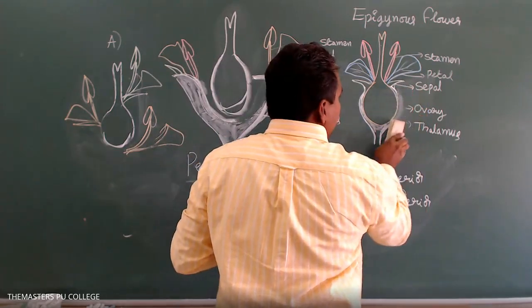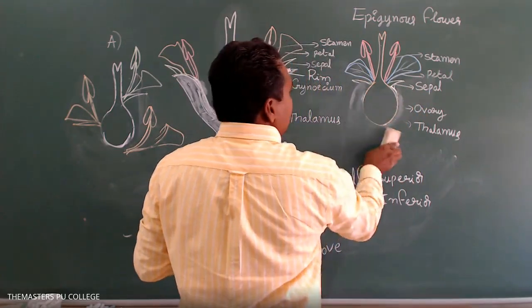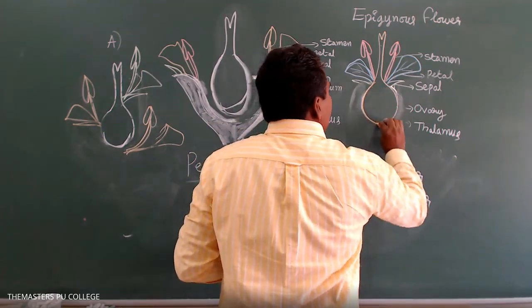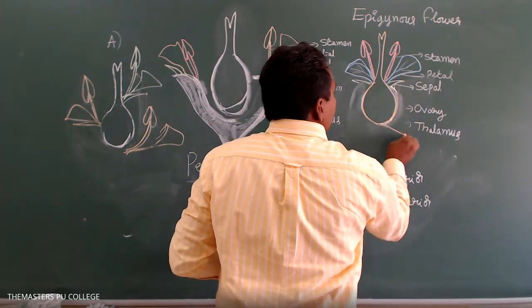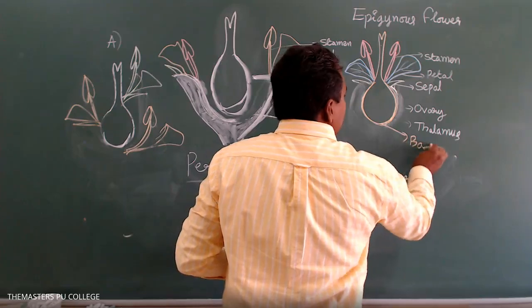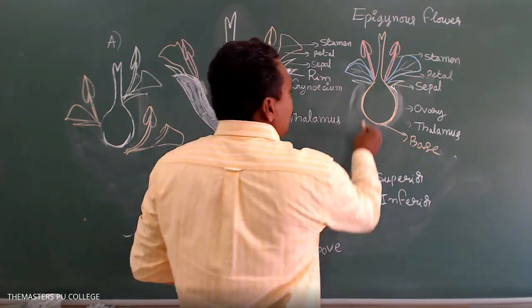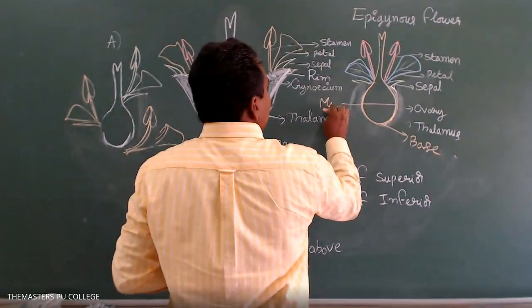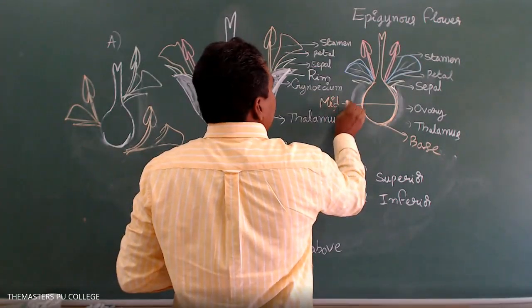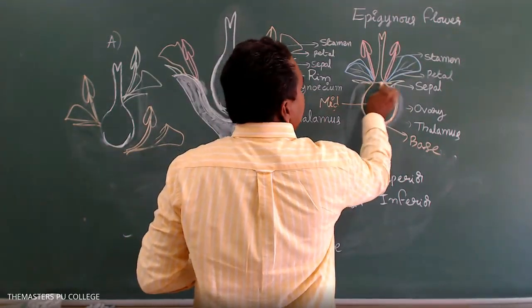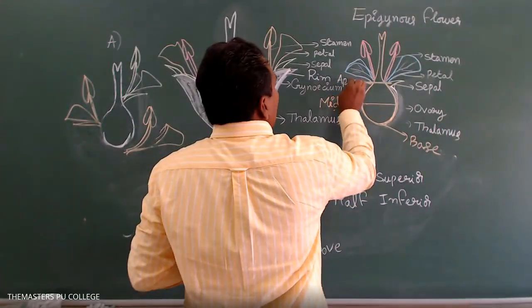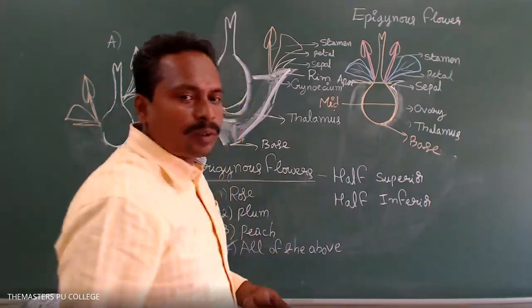Look here in this diagrammatic representation. This is the base of the ovary, and this part is the middle of the ovary, the lateral side, and this is the apex of the ovary, the terminal region, above the ovary.